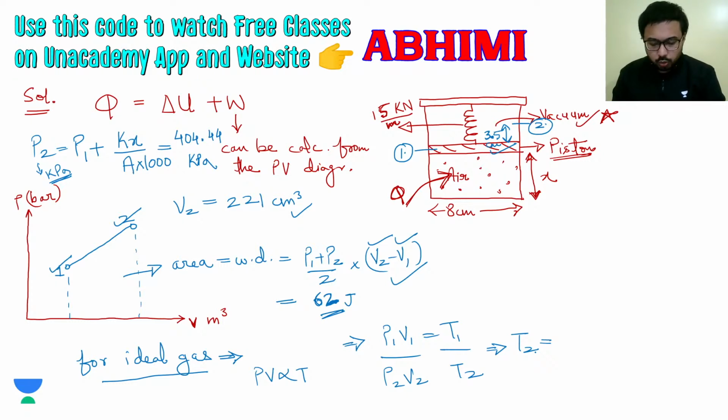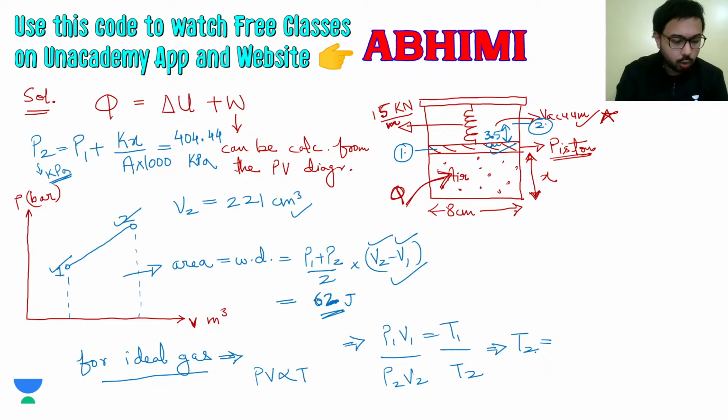So I think I have to do the calculation one more time. Let's do it. So T2 will be T1, that is 293, into P2 404.44 into 176 divided by 45 divided by 300.